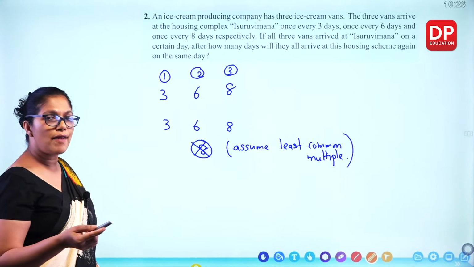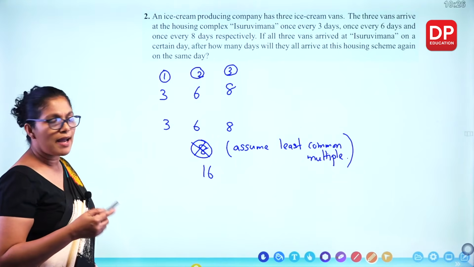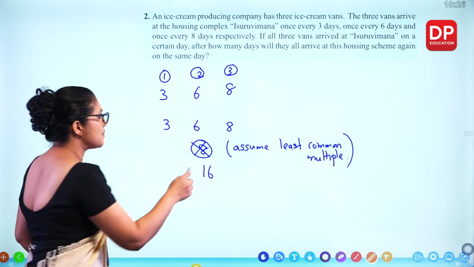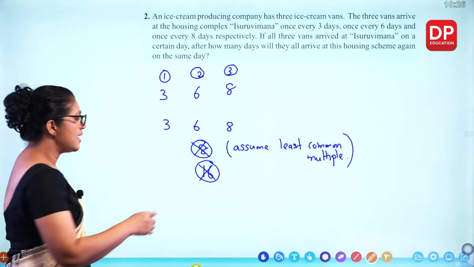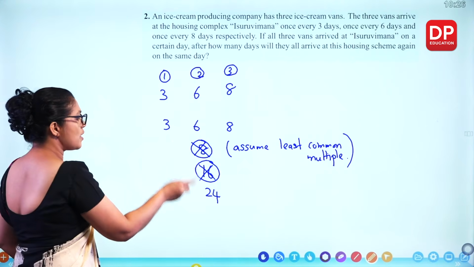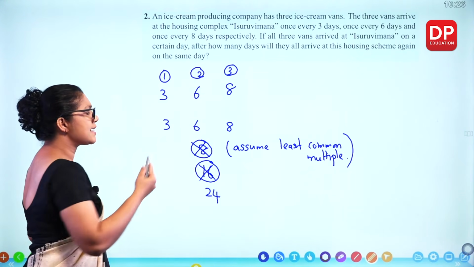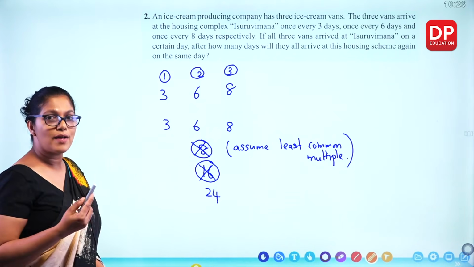Take a multiple of 8, you get 16. And see whether you can divide by all the other numbers. 16 divided by 3, not divisible. So again you have to ignore. 8 times 3, you get 24. Now see whether it's divisible. 24 divided by 3, yes, you get 8. 24 divided by 6, you get 4. 24 divided by 8, you get 3.